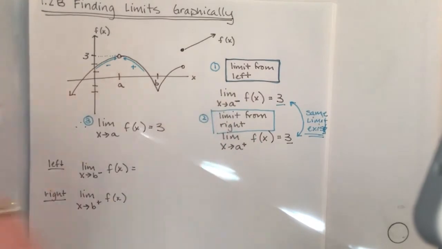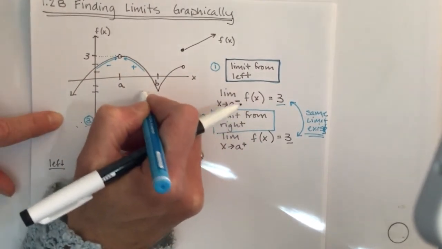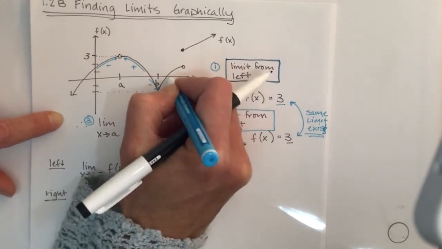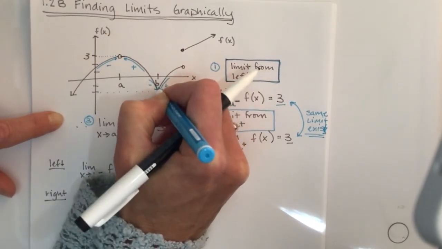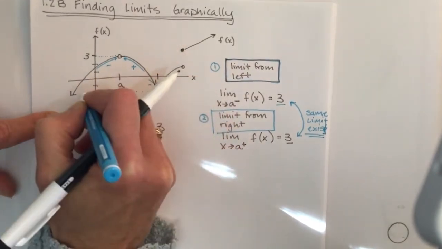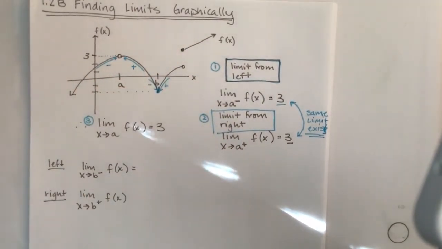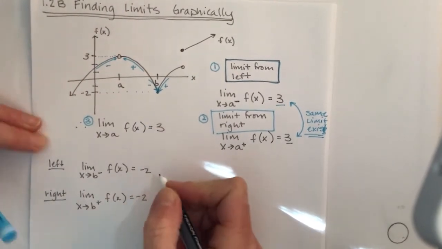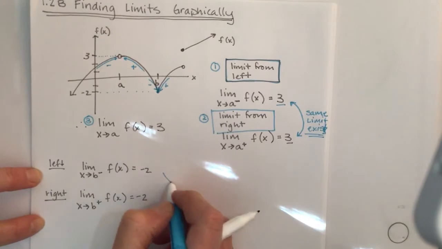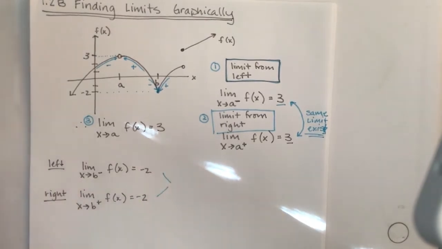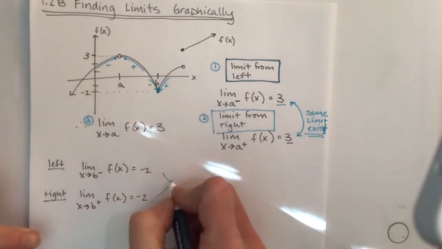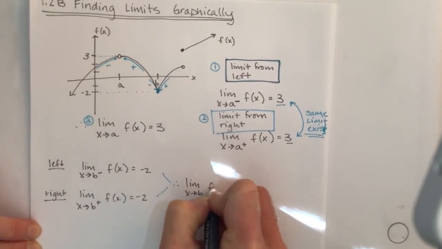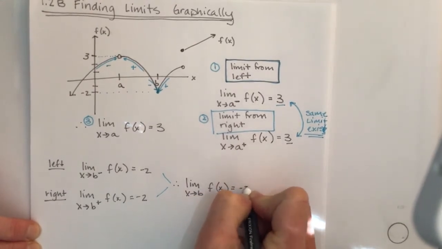And let's say that is going to correspond to, what do you think? We're going from the left here and the right here, and we're both approaching the same number, which looks like -2. Because those two are the same, the limit exists. The limit as x goes to b of f of x is equal to -2.